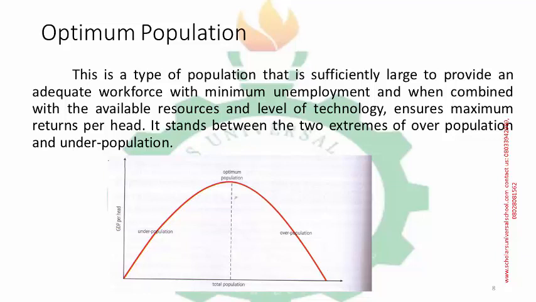So we have optimum population. It's the proper or adequate number of people required for the level of technology and available resources in that country. So we have underpopulation, overpopulation, and optimum population, which are the three main types of population.